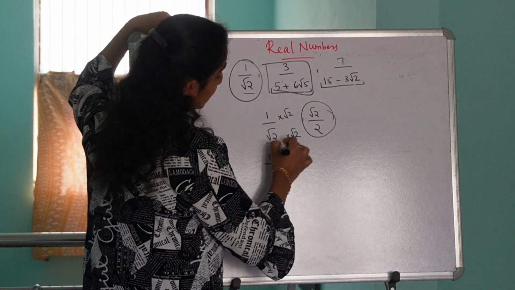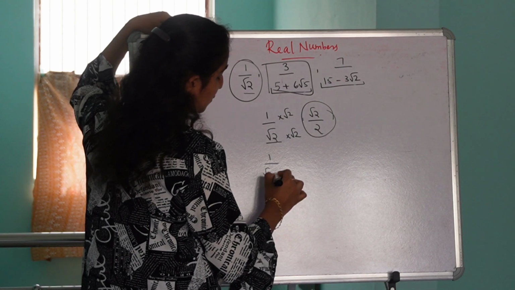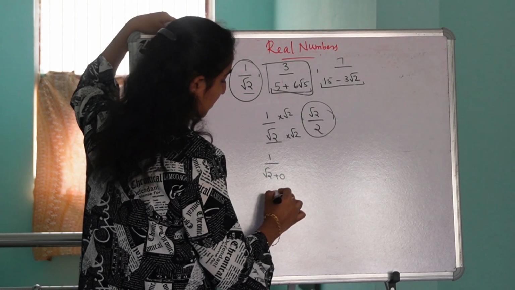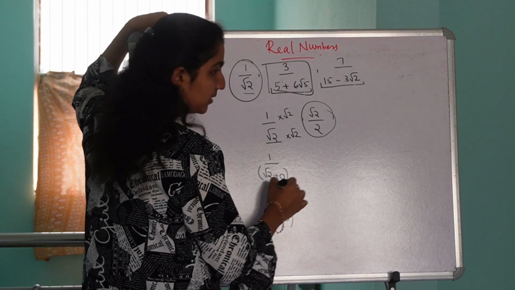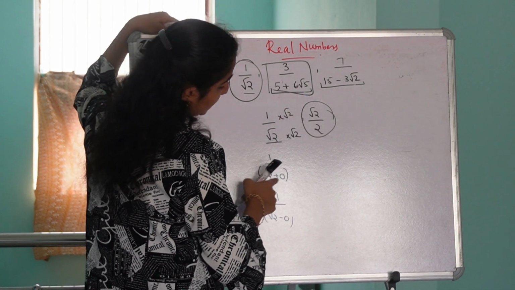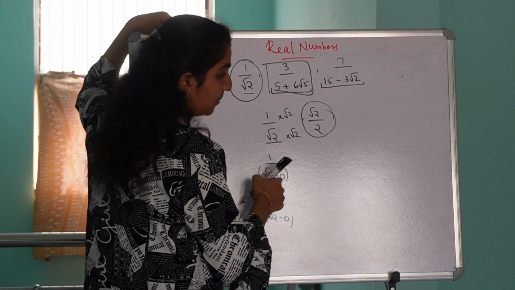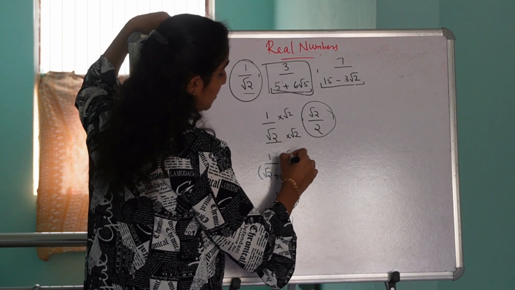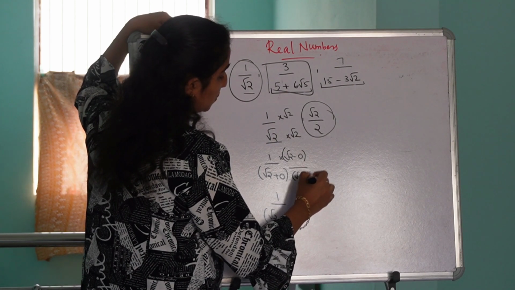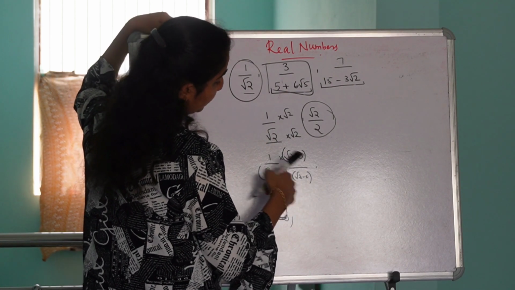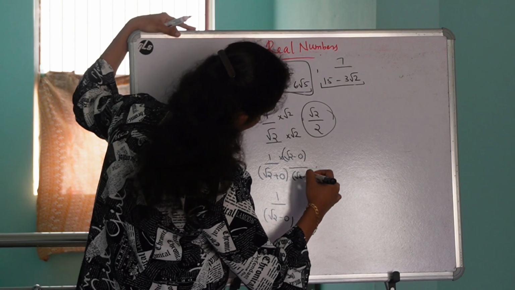Or else you can consider this given root 2 either as root 2 plus 0, or as root 2 minus 0. Now here you can see the denominator is in the form a plus b, so you have to multiply by a minus b. So root 2 minus 0. Okay, I'll open the bracket.